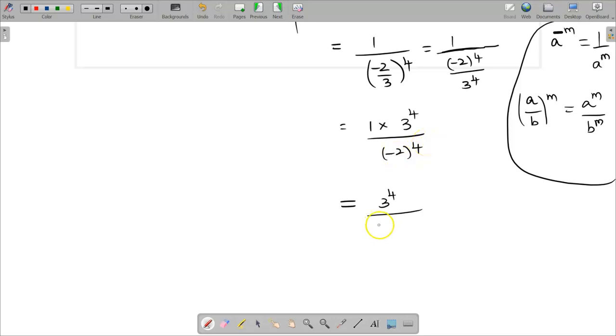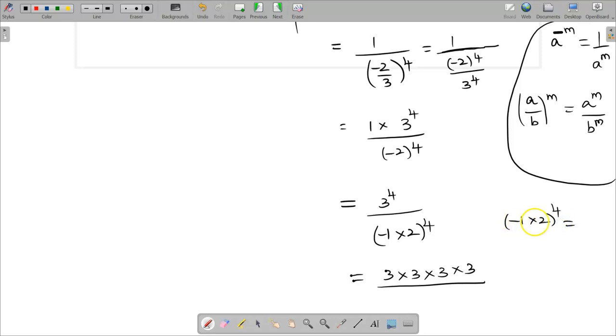So minus 2 I can write as minus 1 into 2 the whole power 4, because we have a negative term here. So 3 power 4 means 3 is repeated 4 times, 3 into 3 into 3 into 3. In the denominator we have minus 1 into 2 the whole power 4.